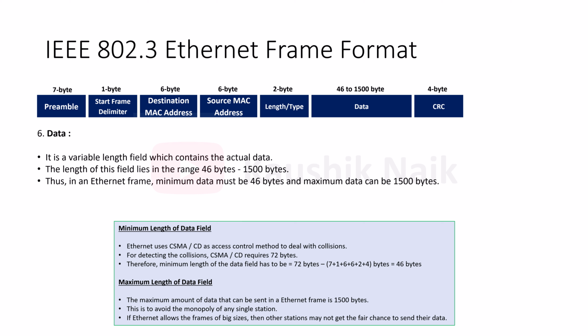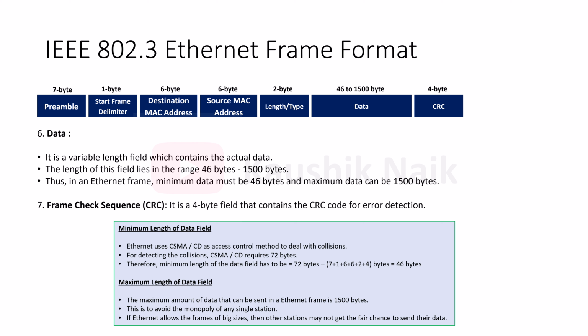So we remove the length of the other fields which we discussed so far. The data field must have a minimum of 46 bytes of data. Next we have 1500 bytes as the maximum number of bytes to avoid monopoly by any single node. If more bytes are allowed, then other nodes may not get a fair chance to send their data on the bus.